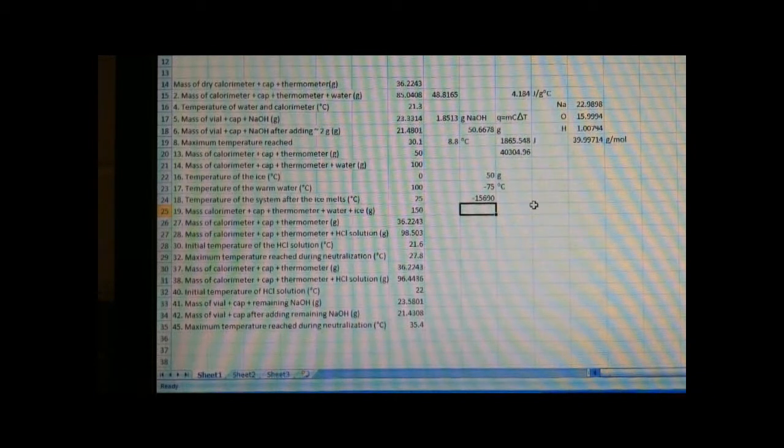I had 50 grams of that water, just like before. Since we're looking at the liquid water, it's still 4.184 joules. So we have the mass times the specific heat times the change in temperature, increasing by 25 degrees. So we have 5230 joules.